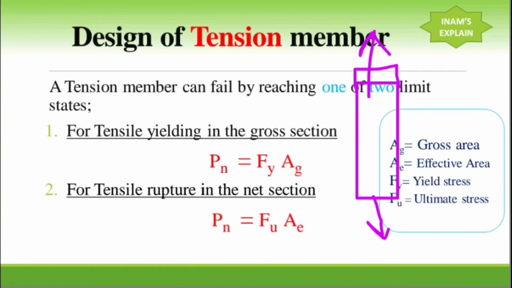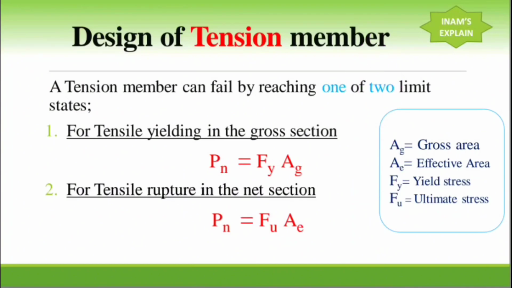For yielding we use the gross area, meaning the total area, as the member will deflect or increase in length. So the nominal strength is the yield strength multiplied by the gross area.